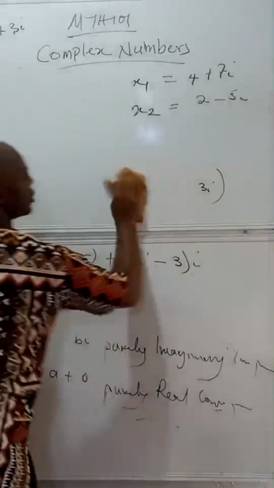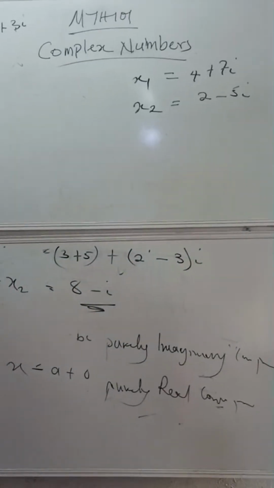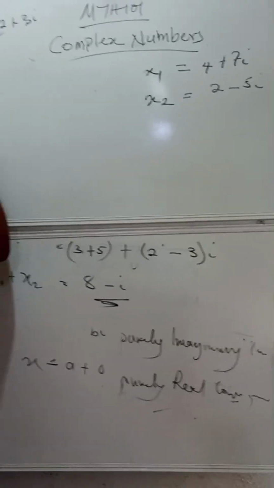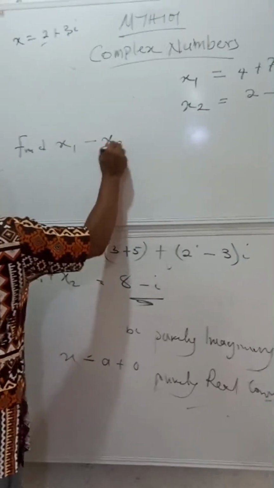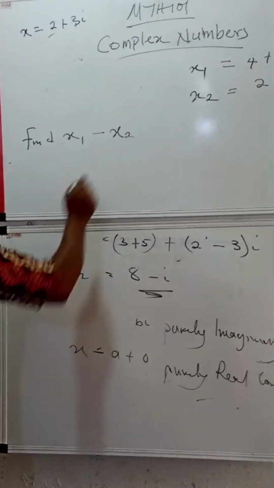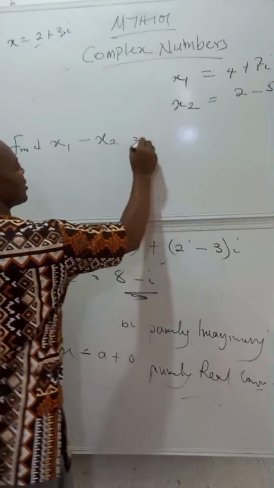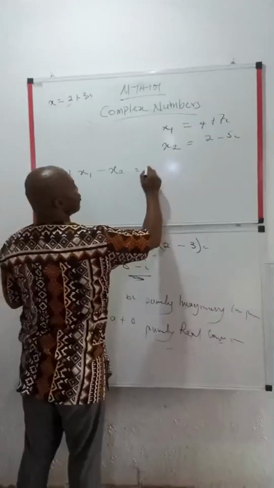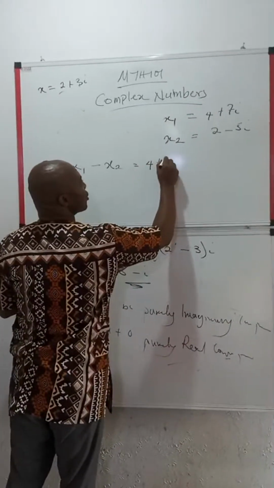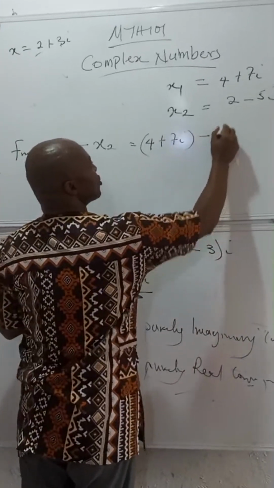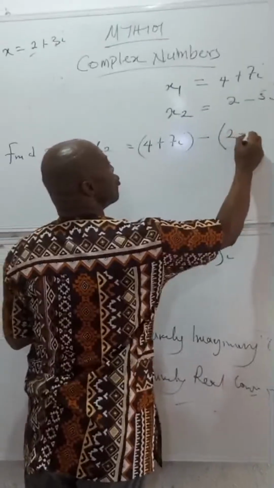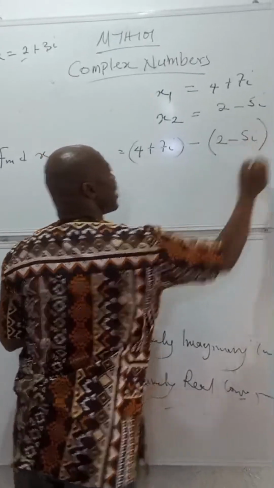If our interest is to find x1 minus x2, we can do this by simply saying this is equal to 4 plus 7i, for the x1, minus, in brackets, 2 minus 5i.